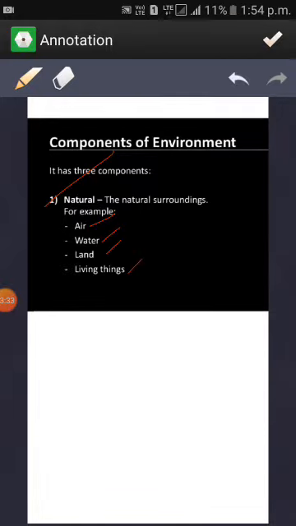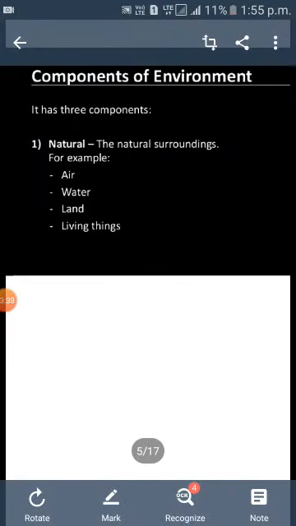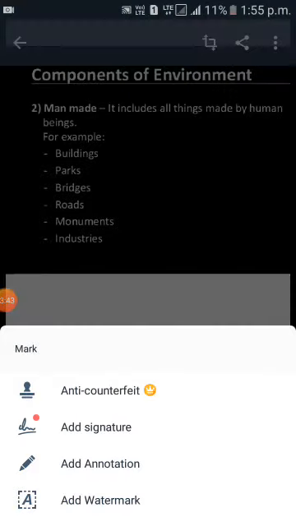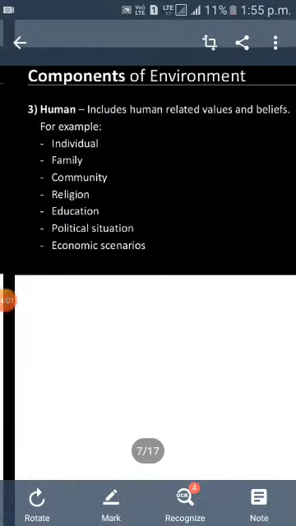All these are naturally created, so these form the natural components of the environment. We have the man-made things like buildings, parks, bridges, roads, monuments, industries. These form the man-made components of the environment.